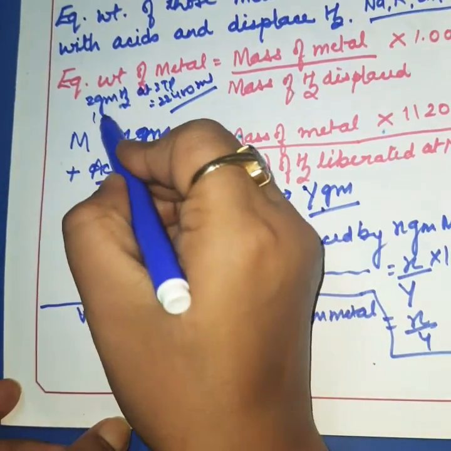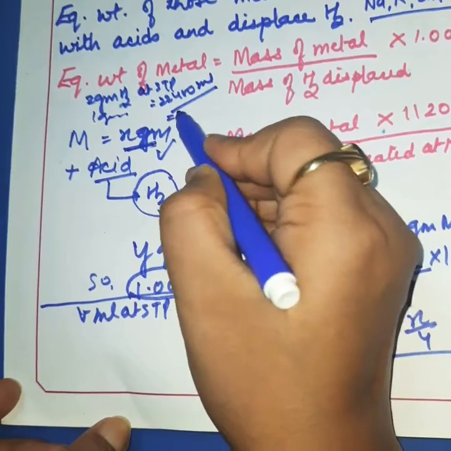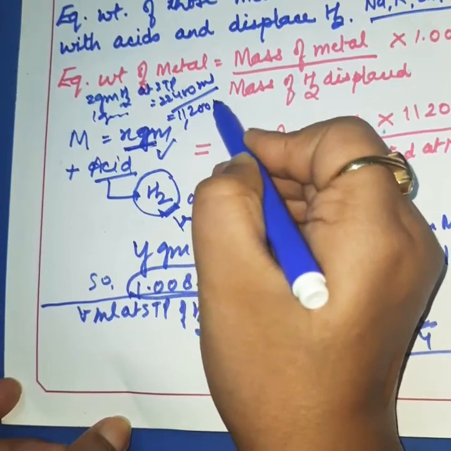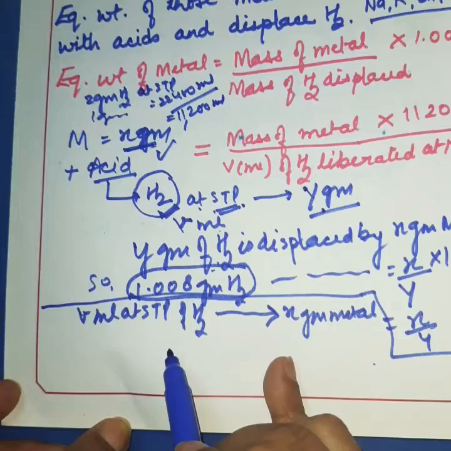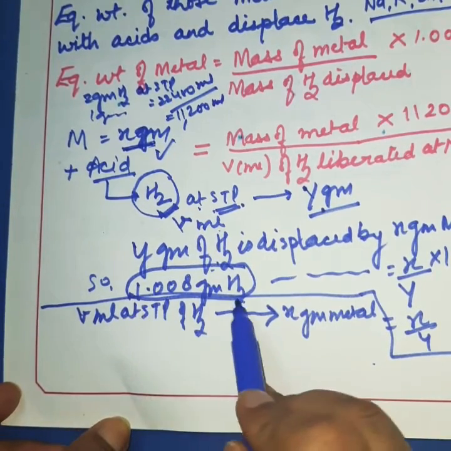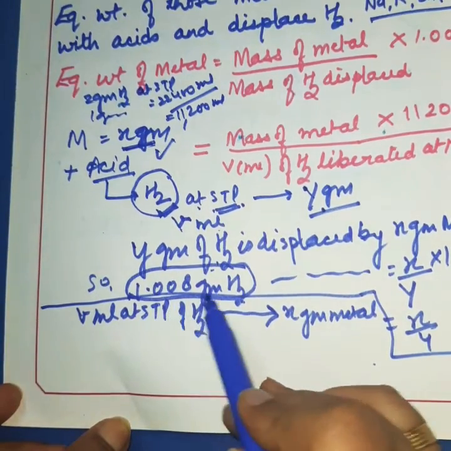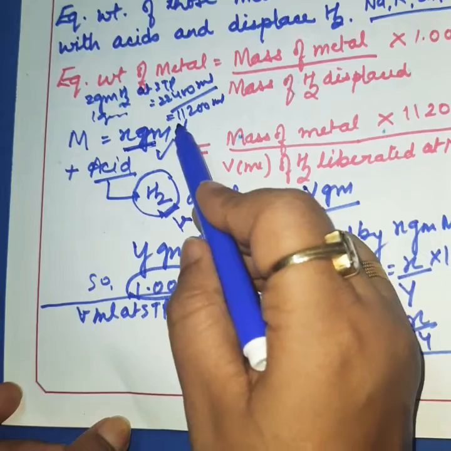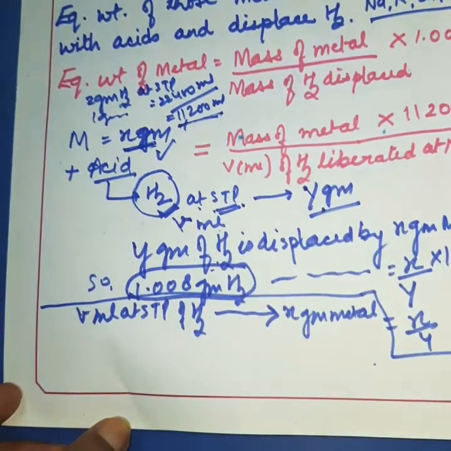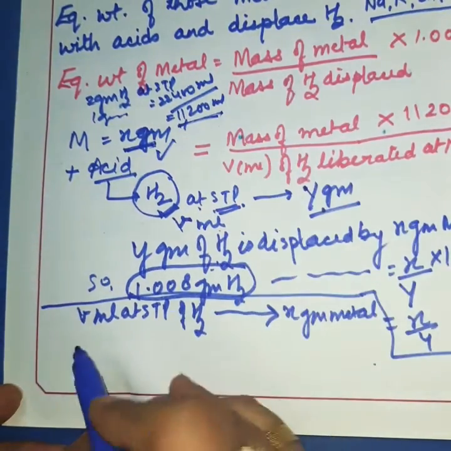So 1 gram of hydrogen at STP will be 11200 ml. We are supposed to write this here because we are taking the standard to calculate equivalent mass. What is the standard of hydrogen? 1.008. So 1.008 gram hydrogen will have volume at STP of 11,200 ml. I hope this calculation is clear to you.